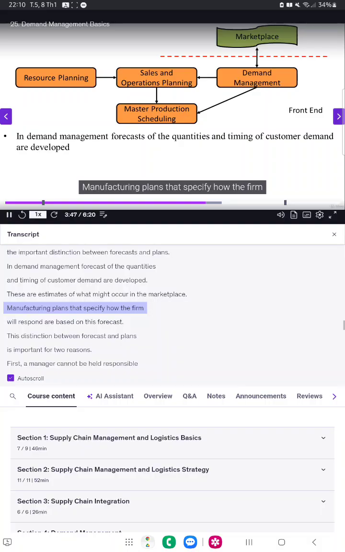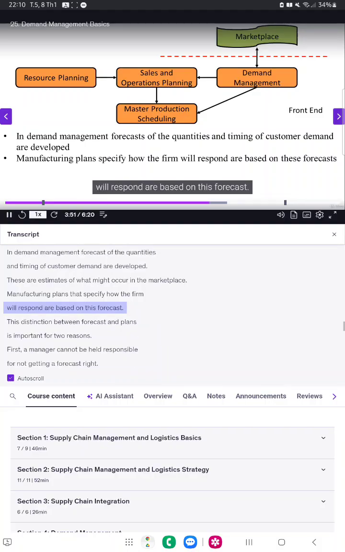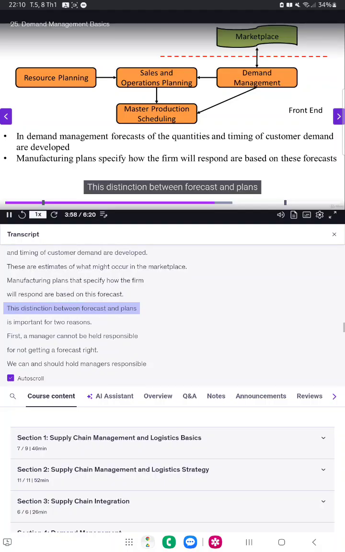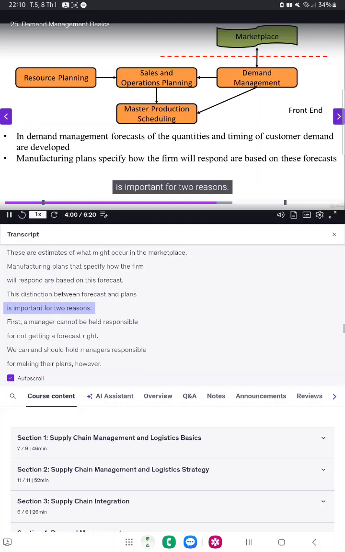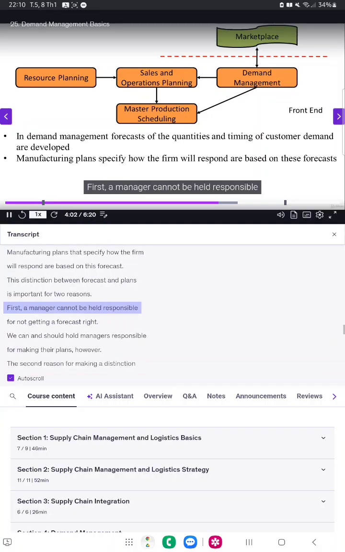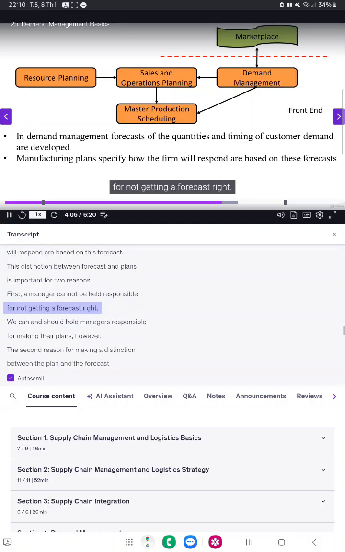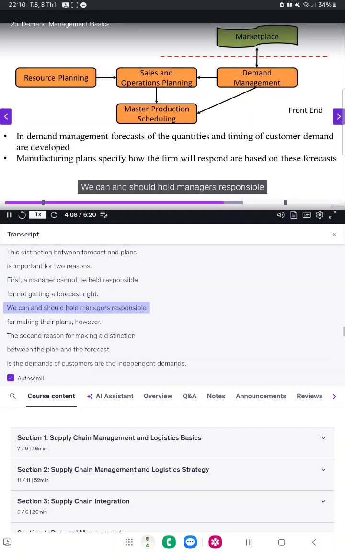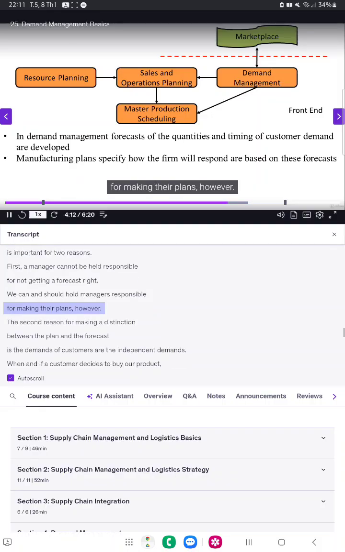Manufacturing plans that specify how the firm will respond are based on these forecasts. This distinction between forecasts and plans is important for two reasons. First, a manager cannot be held responsible for not getting a forecast right. We can and should hold managers responsible for making their plans, however.